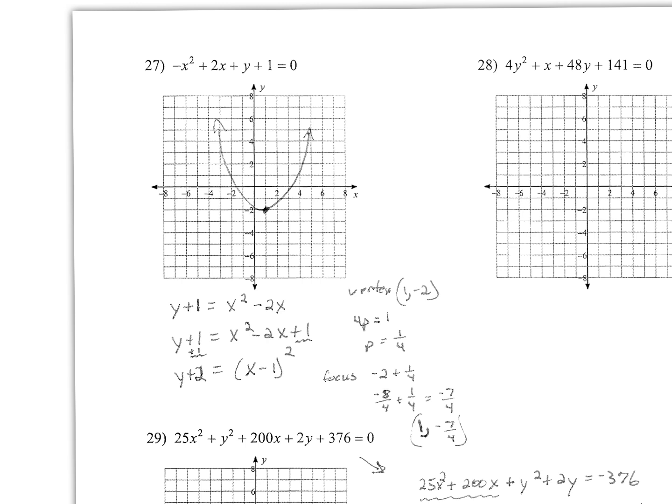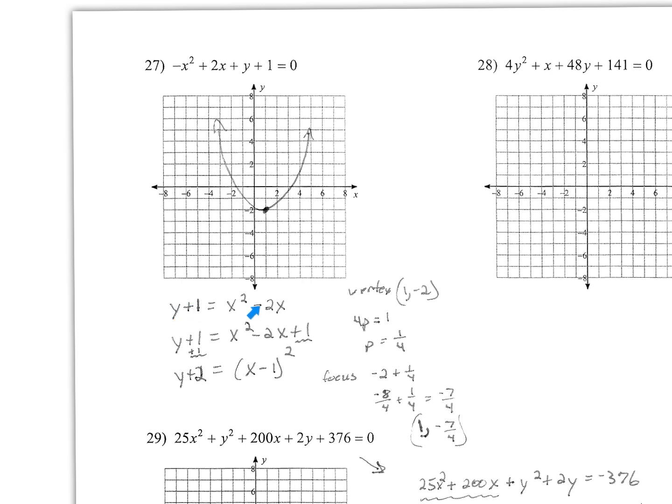Now I'm going to leave the y plus 1 on the left side, and then I'm going to move the negative x squared plus 2x to the right, and it's going to be x squared minus 2x. All I really did was add x squared to the right side, canceling it on the left, or I just moved it over and made it the opposite. And then I left the plus 1 there.